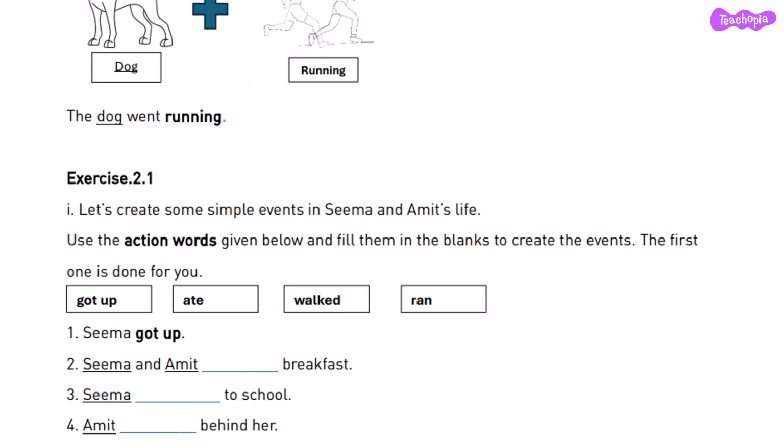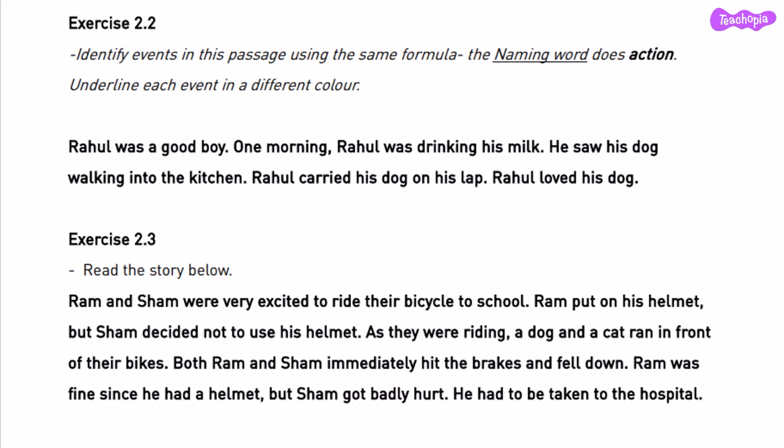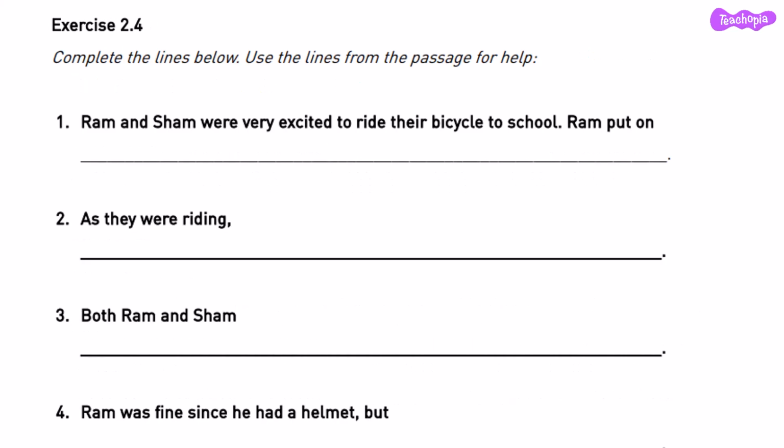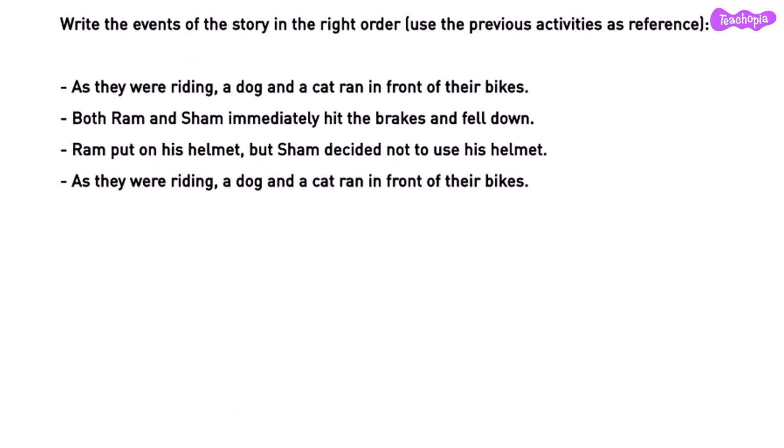Learners will understand how events in a narrative are constructed by practicing this formula and then apply it to reading a passage and recognizing and comprehending events that make up the narrative in the passage. Learners will also practice completing events in a story, along with sequencing of events in a story in this section.